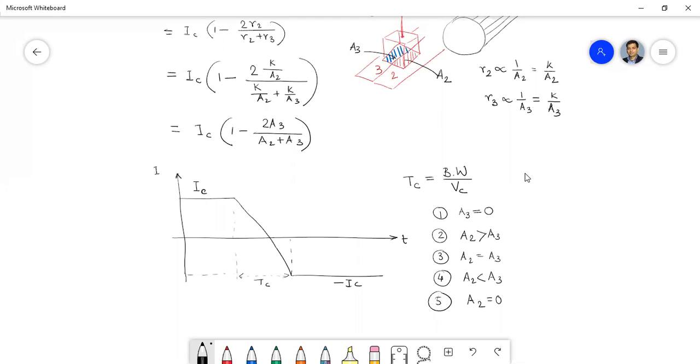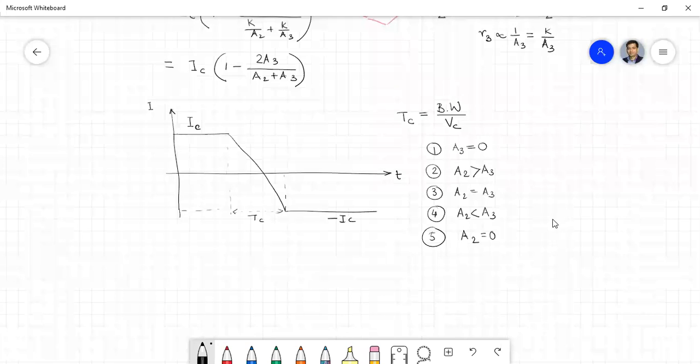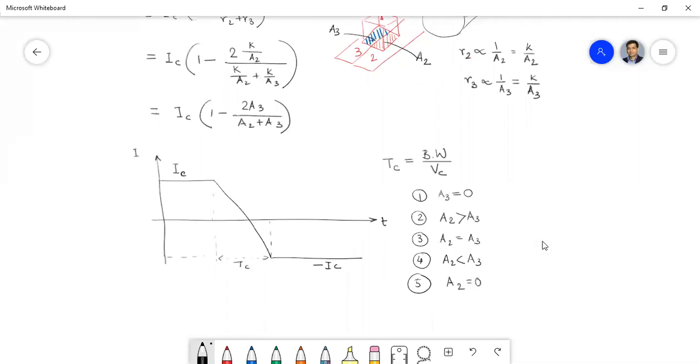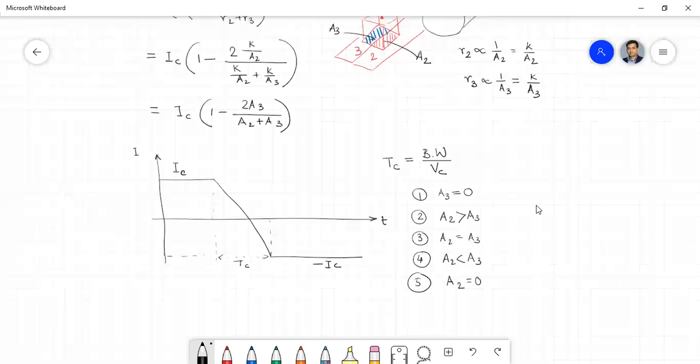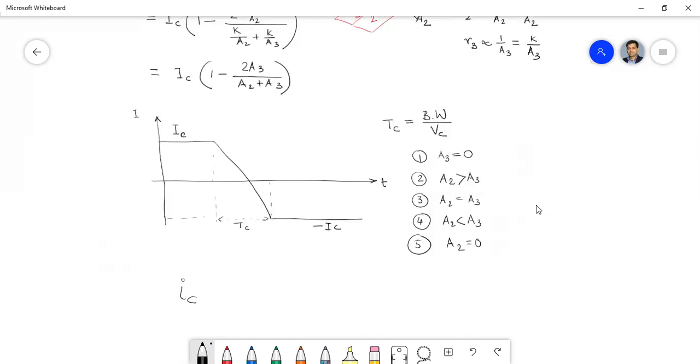Let's see the expression. Now, we have the expression of the coil current like this, that we derived in the last class, that is IC, though it is an approximated value of the coil current, as we did some approximation.